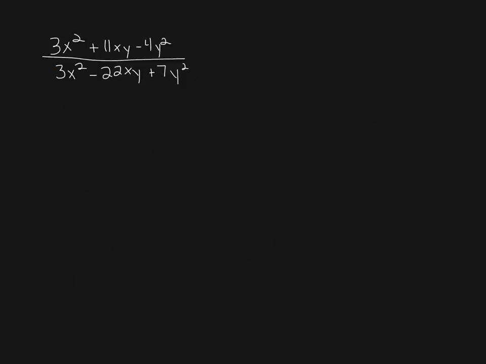Alright, let's factor our numerator and denominator. And we will start with the numerator. When we multiply a times c, we get negative 12. Because it's negative, our signs need to be different. And the larger number needs to be positive because that's what b is. So we have negative 1 times 12, which we've already found. That works. Don't forget to use 3x in both factors. So 3x minus 1y.